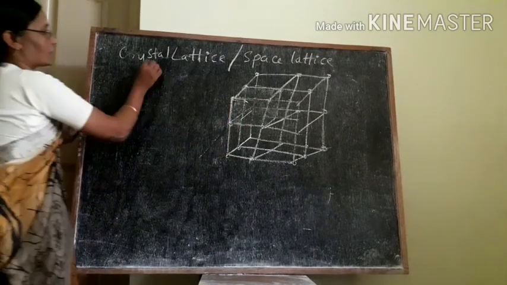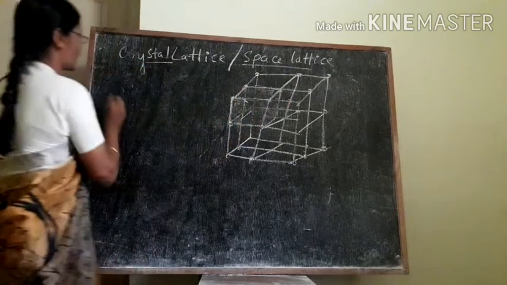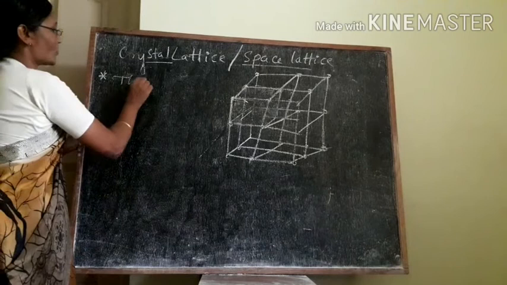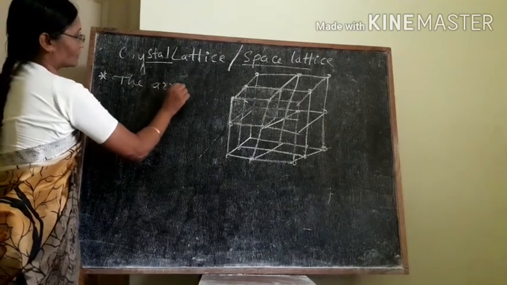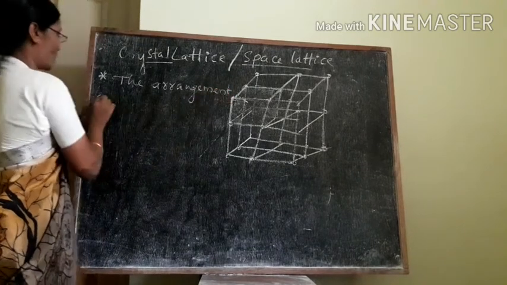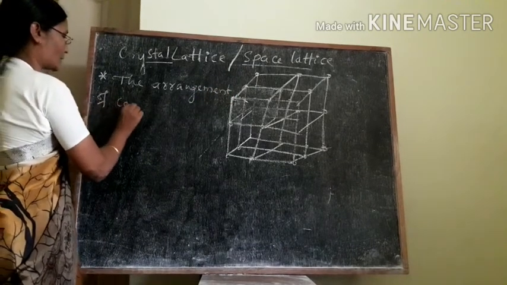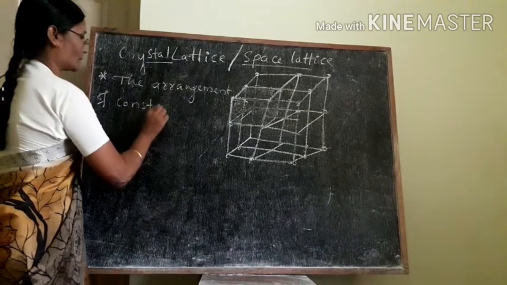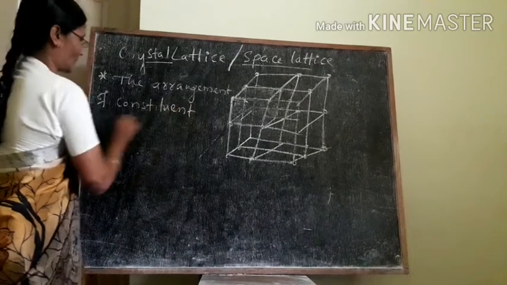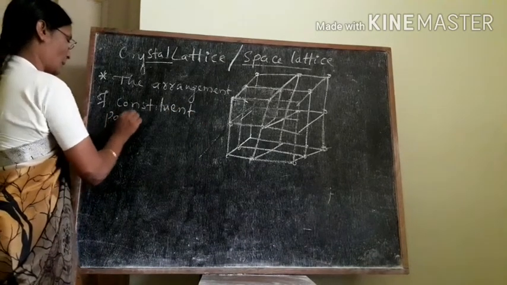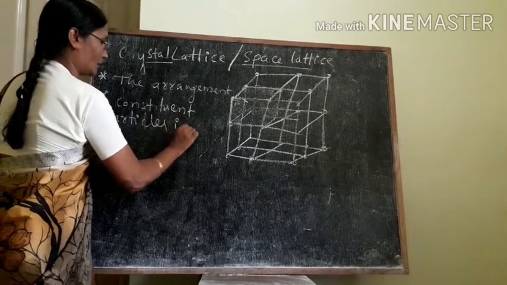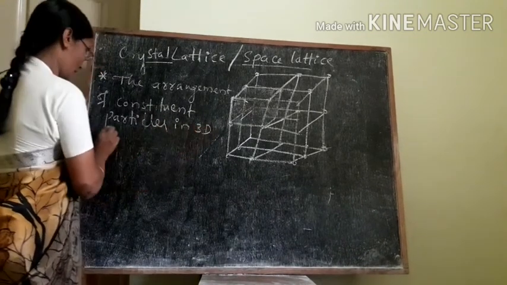So, crystal lattice or space lattice is said to be the arrangement of constituent particles in three-dimensional space.